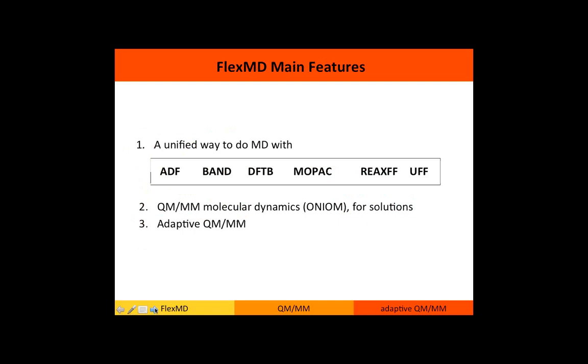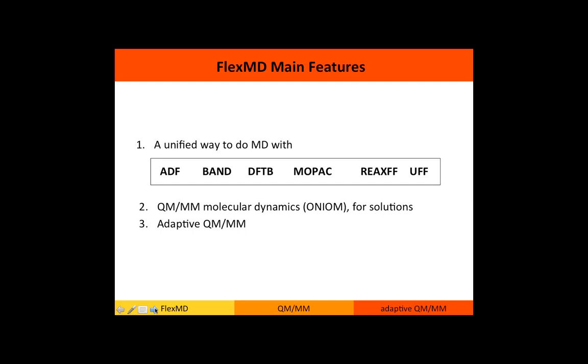And now I will go on to demonstrate some of the main features of FlexMD, how to use it. I'll do this in 3 steps. First, I will demonstrate how to do molecular dynamics, which we can do in the same way using ADF, BAND-D, FTB, MOPAC, or ReaxFF, or UFF, but I will demonstrate this only for ADF.